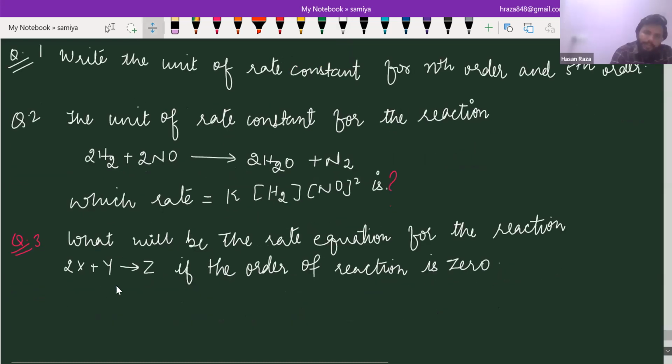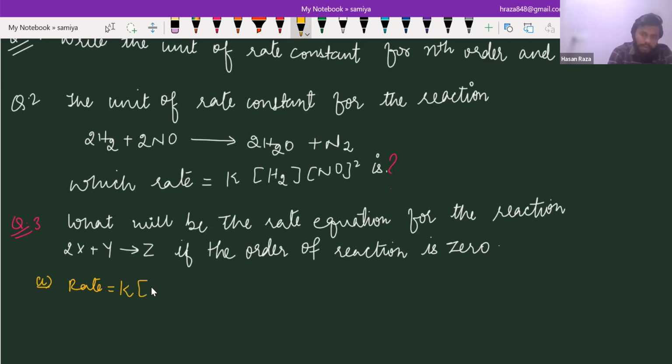Option A is rate equals to K into X into Y. Option B is rate equals to K. Option C is rate equals to K into X raised to the power 0, Y raised to the power 1.